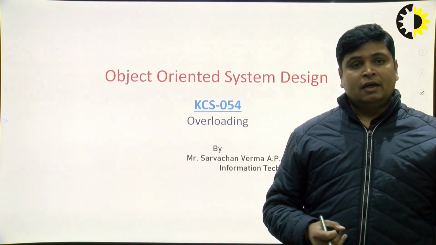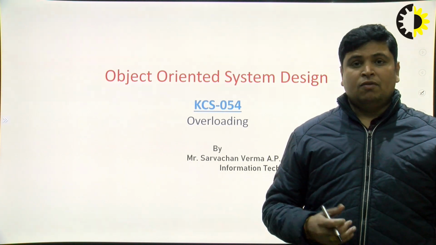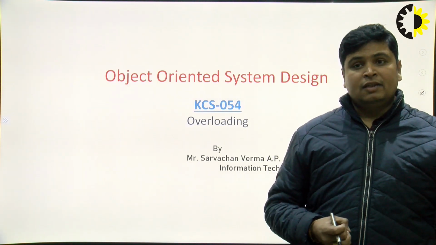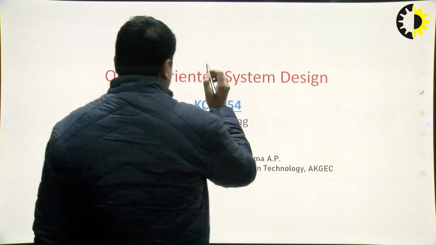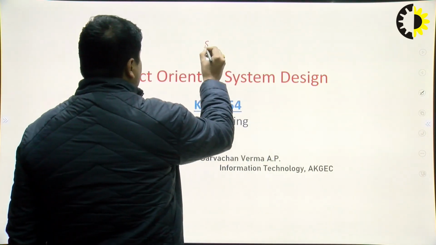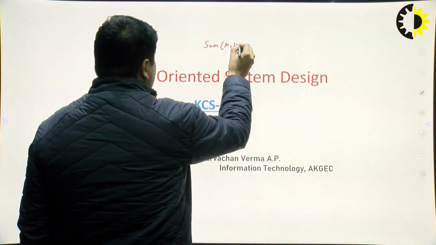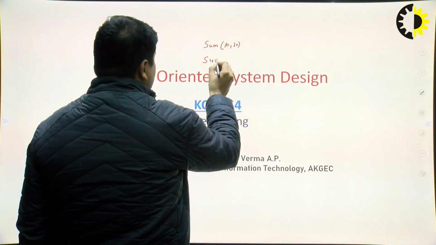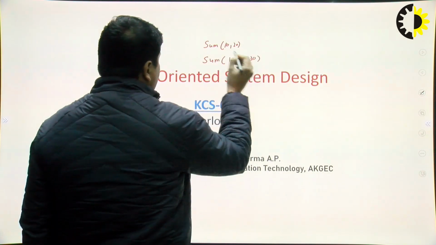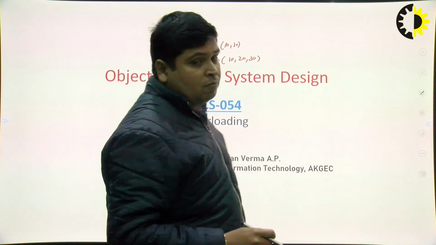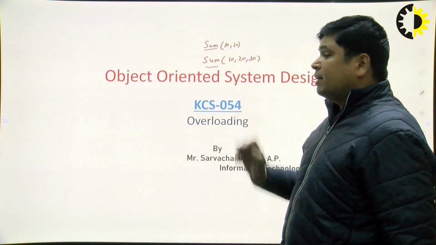In other languages like C, which is a functional programming language, we cannot perform the same thing by the same name. Suppose we are performing the sum of two numbers and the sum of three numbers; in C, we have to use a different function name.